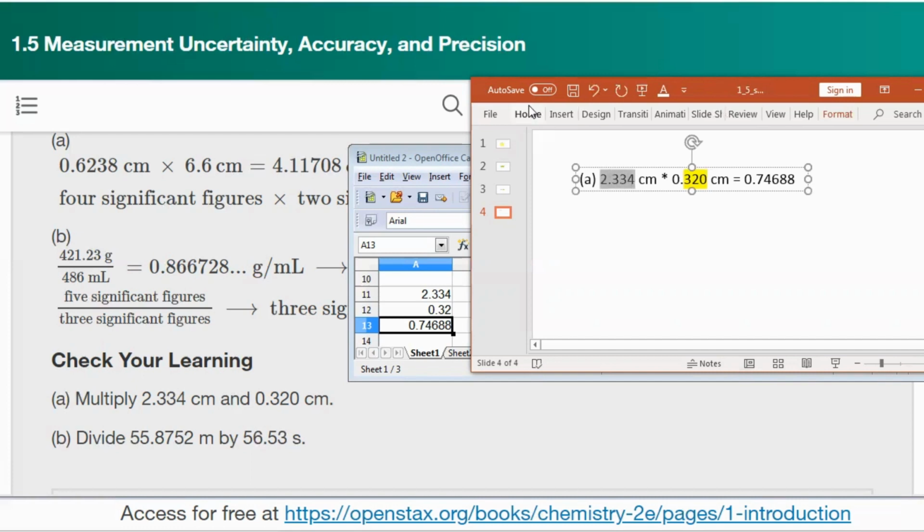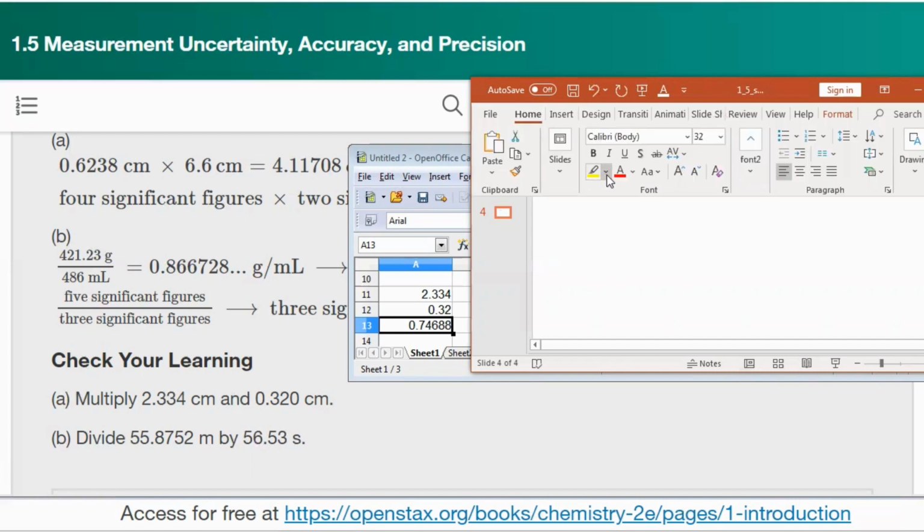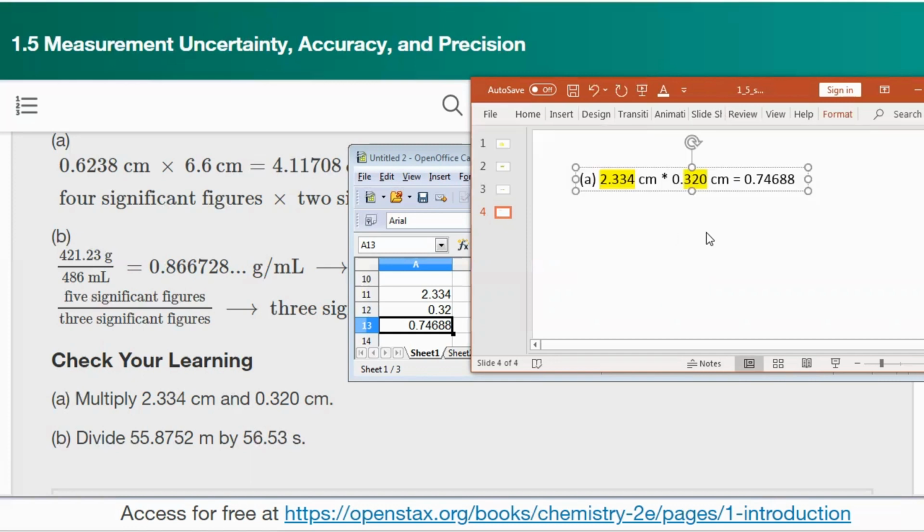So we use the number of significant figures. We take the number with the least amount of significant figures, and that tells us how many significant figures should be in the answer. Let me try to see how I could phrase this.